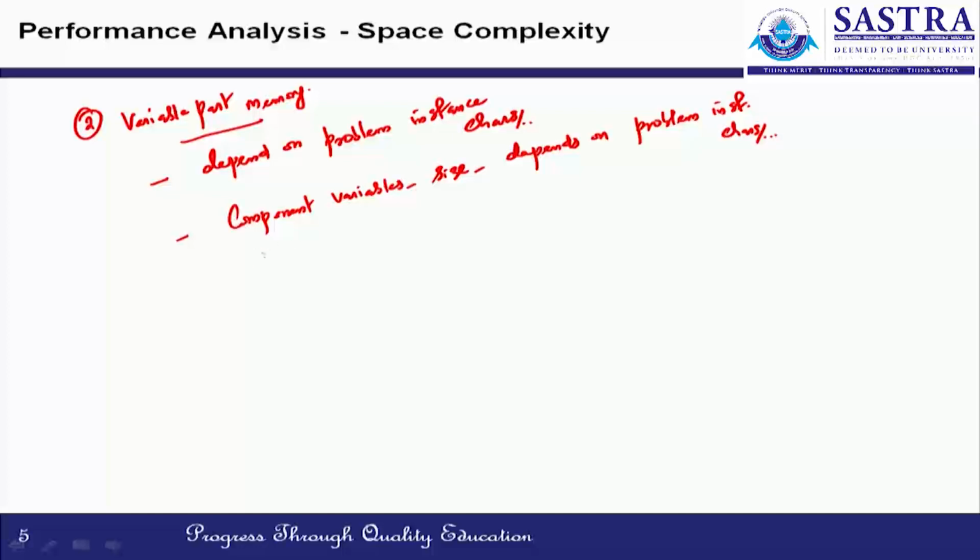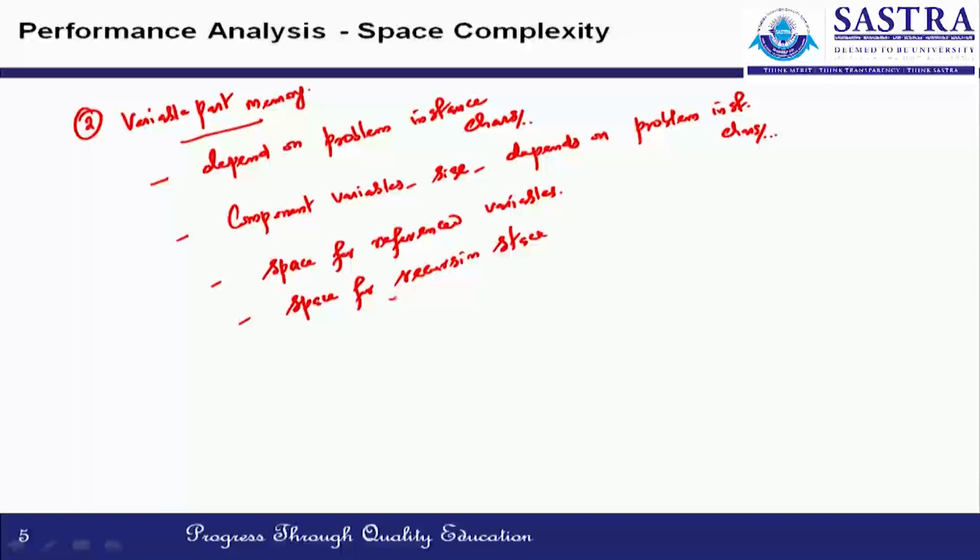For example, it includes the space for referenced variables, space for recursion stack space is also included in this variable part memory.